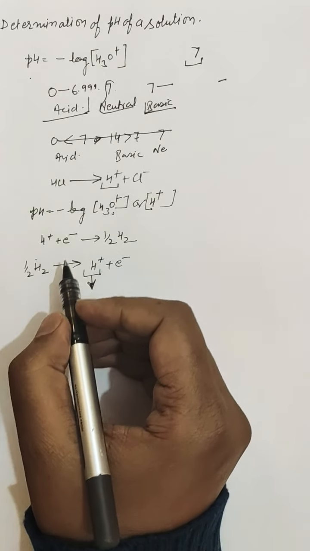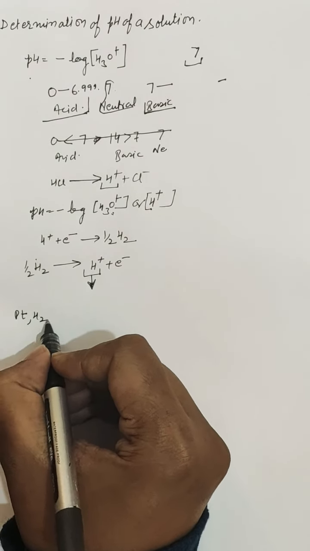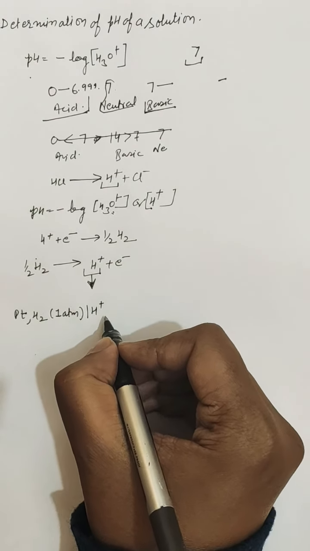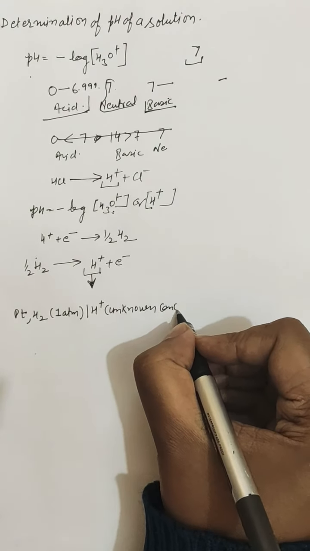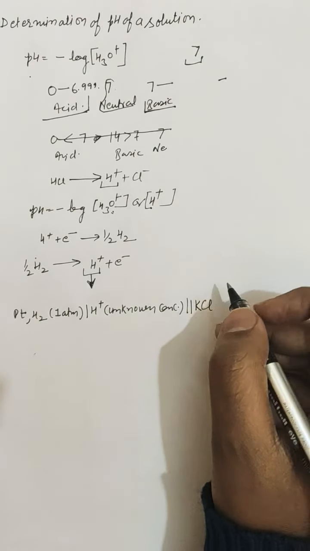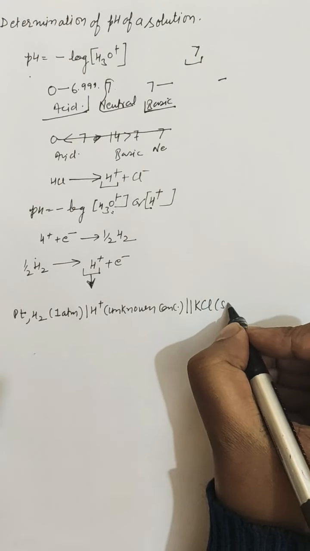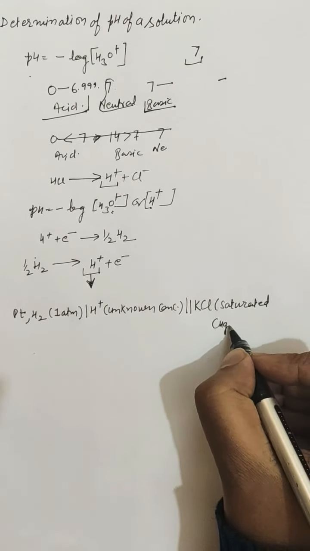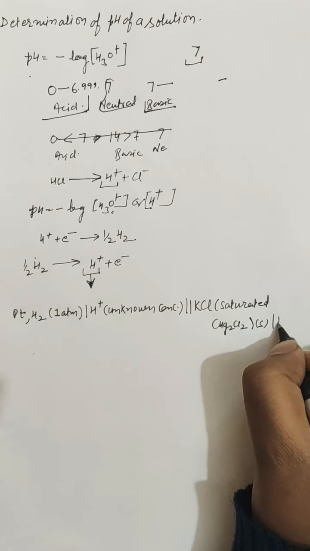The complete cell may be represented as Pt, H2 (1 atmosphere), H+ of unknown concentration, saturated KCl, Hg2Cl2 solid, and mercury.